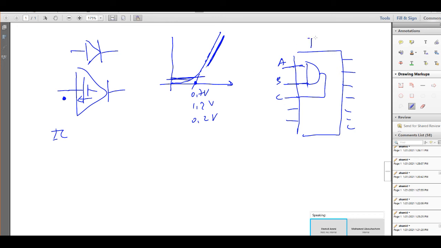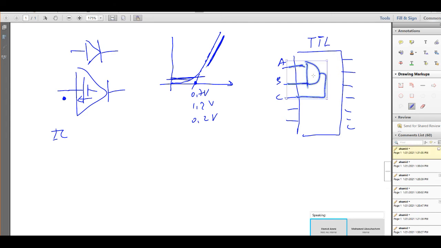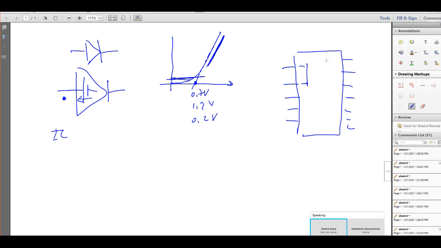For the TTL family, for example, in my application in general, I need to use, let's say, NAND gates. If I don't have anything else in my lab, only a NAND gate, I can do that. Sorry, I go.